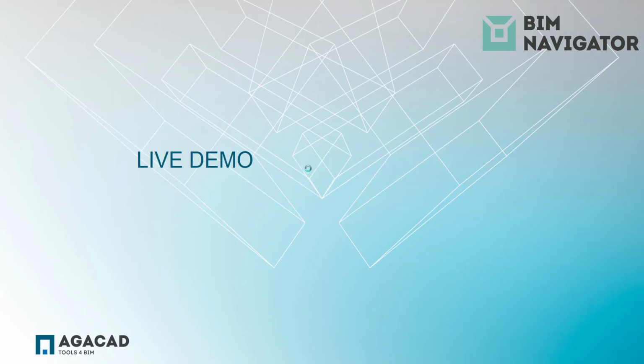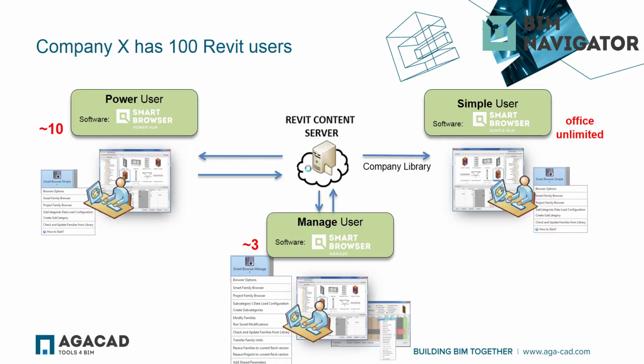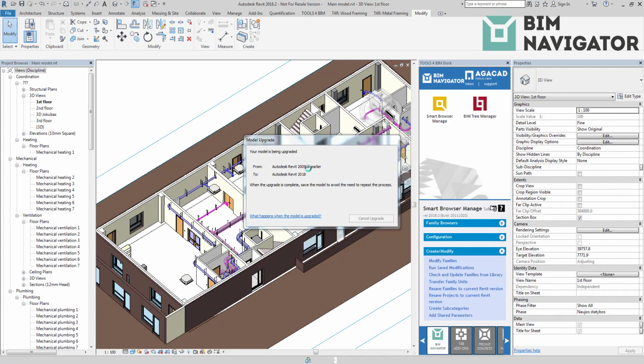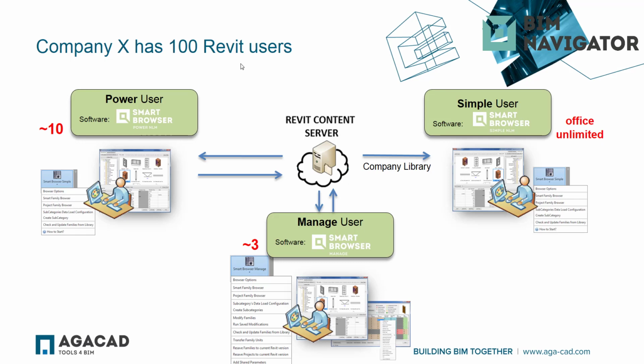I would like to speak about company X that has 100 Revit users. So right here, we already spoke about the Smart Family Browser. It can manage the parameters, it can see the parameters, it can load the families into the project. In the meantime, we have special browsers like a power user and a simple user.